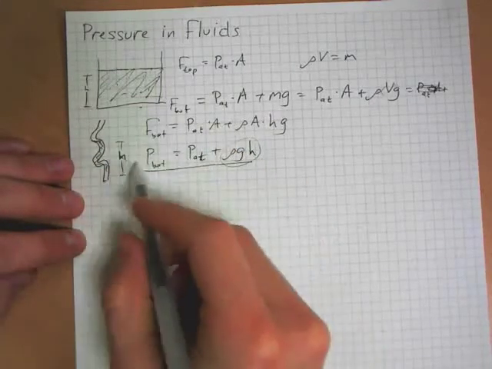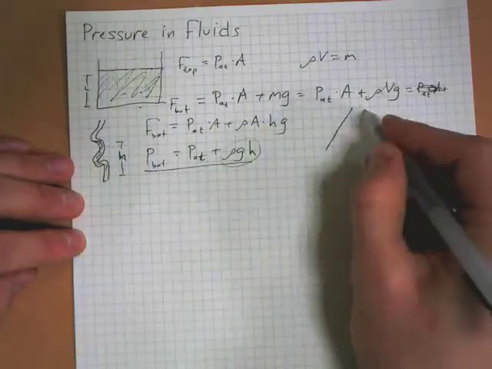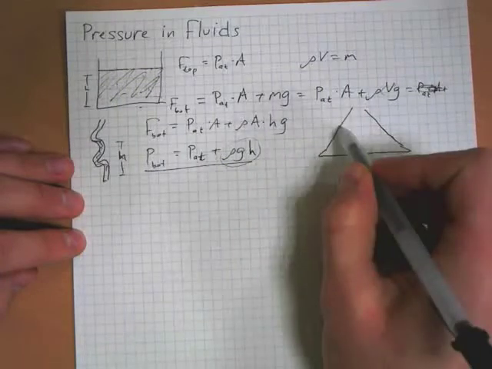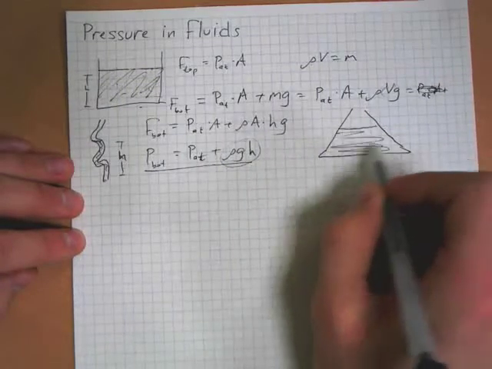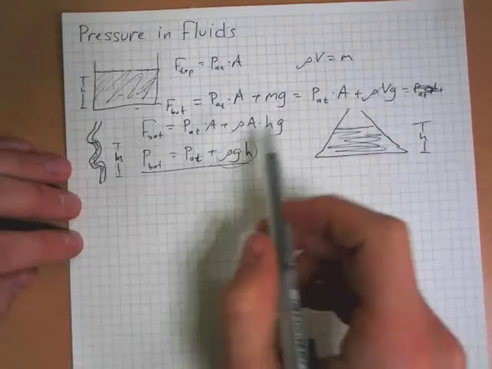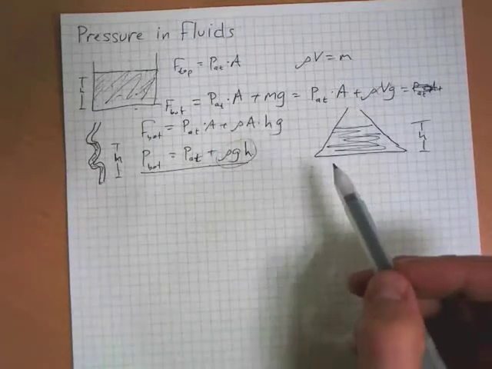Doesn't matter how this is shaped. It doesn't matter if our container has different cross-sectional areas as you go up. All that matters is the density of the fluid and that height or depth of the fluid, h.